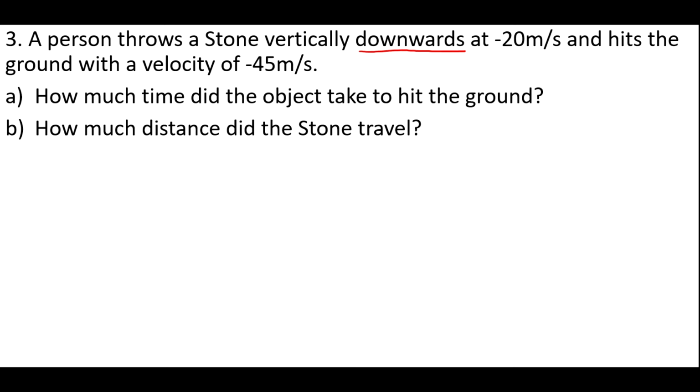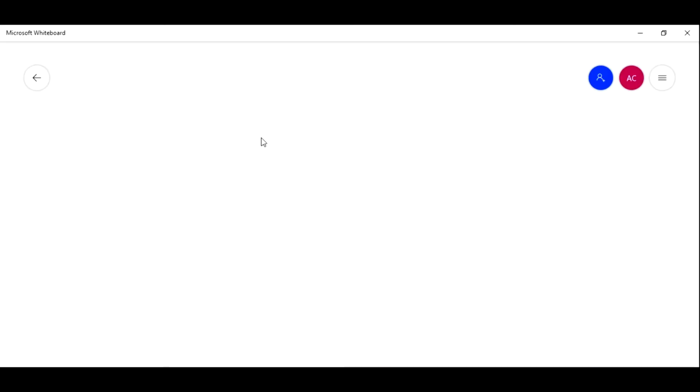Okay, so let's make the drawing, guys. Let's go to the other screen over here. So let's say that this is a person. This is the person, and it's going to throw a stone vertically downwards.